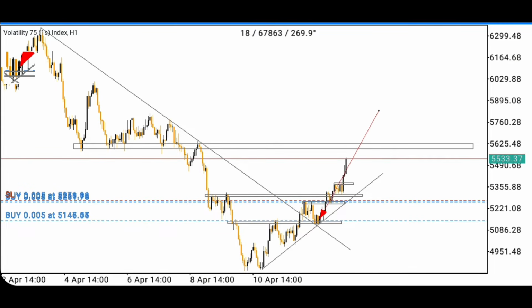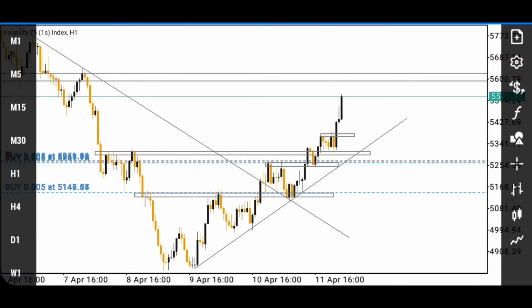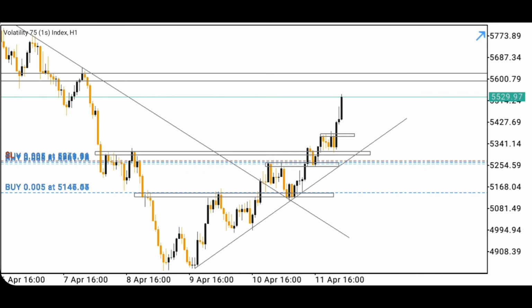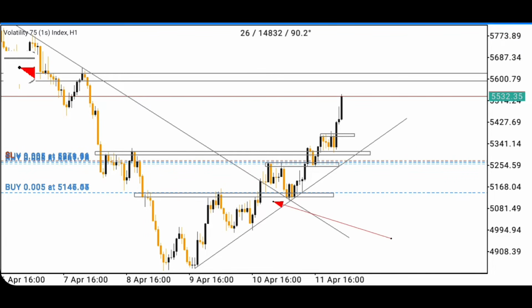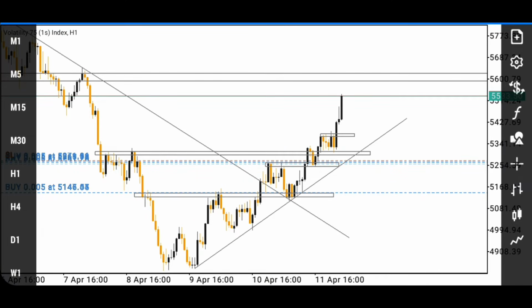And at the point of retest, there is this demand zone that you can see right here. So once I saw that the market had broken out of this resistance and come back to retest it, and at the point of retest there is a demand area, I decided to take a buy, because three of my criteria had been met.